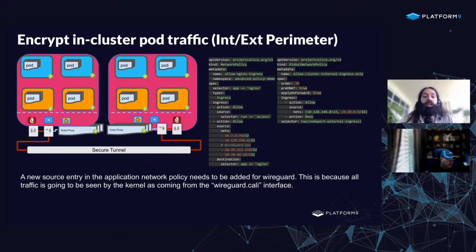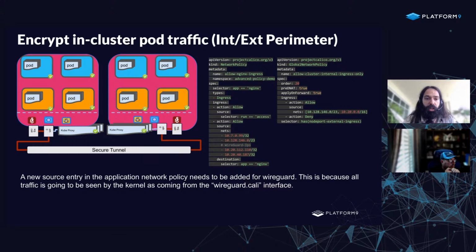But now we need to create new rules. What we are doing here is updating the network policy for our application nginx to now allow traffic coming from different sources. At the moment that we enable WireGuard, we're going to have an IP on the segment of our pod CIDR, and now we need to specify those as possible sources of communication in our policy.